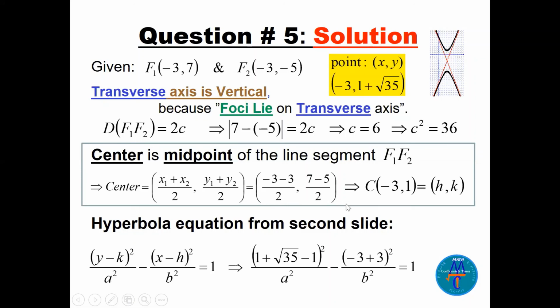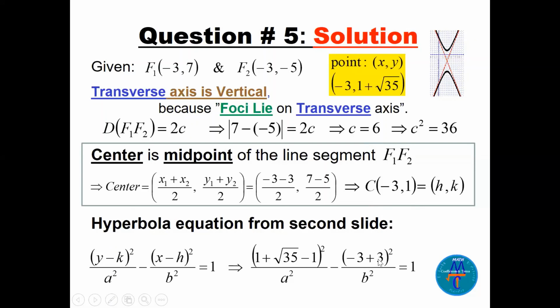Y here is this, minus k. This is k here, 1. So y minus k. X is minus 3, minus h. H is minus 3, so it becomes plus 3 here. Minus 3 plus 3 is 0.